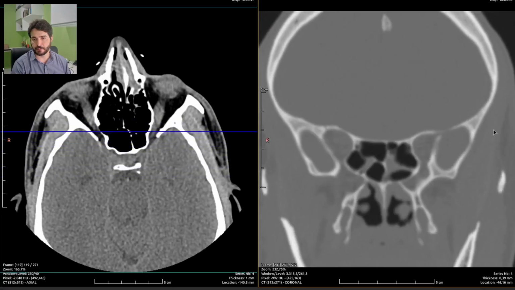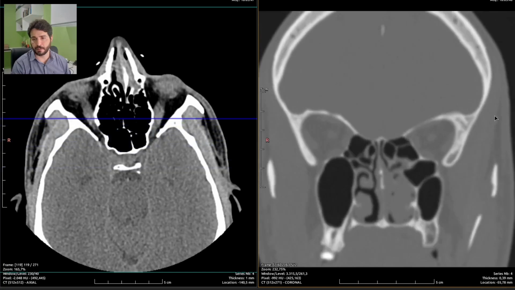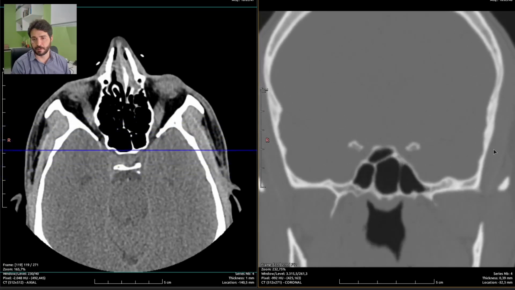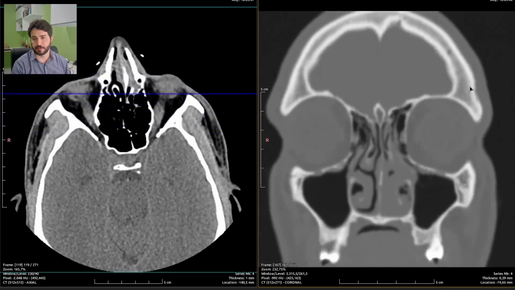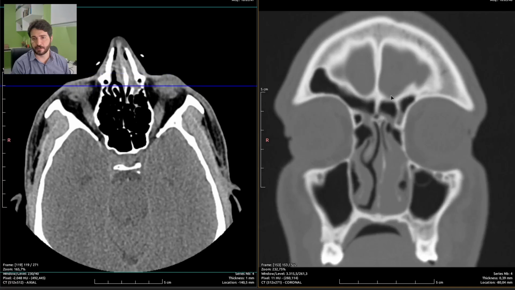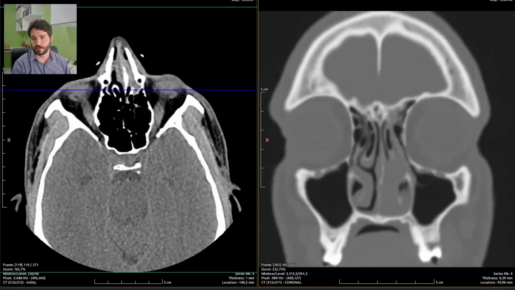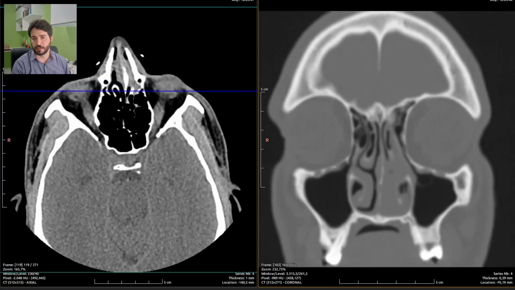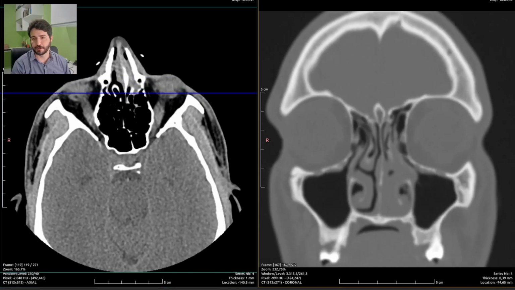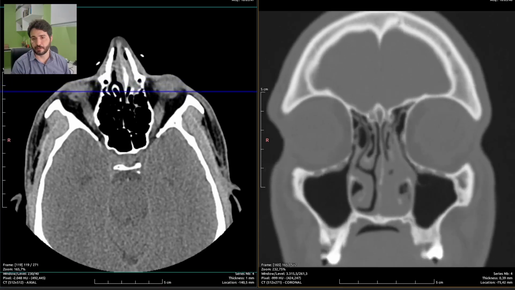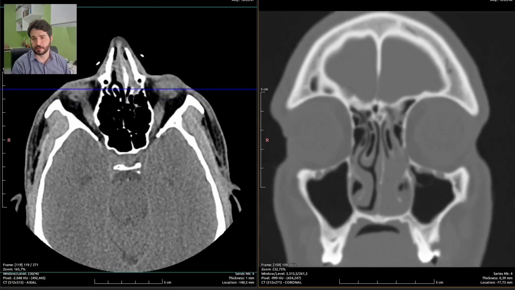The sphenoidal sinus, on the other hand, are really normal, preserved, can't say much about them. And there is clear signs of obstruction of the drainage of the frontal sinus and not the maxillary sinus. So the maxillary drainage, the osteomeatal complexes are fine.